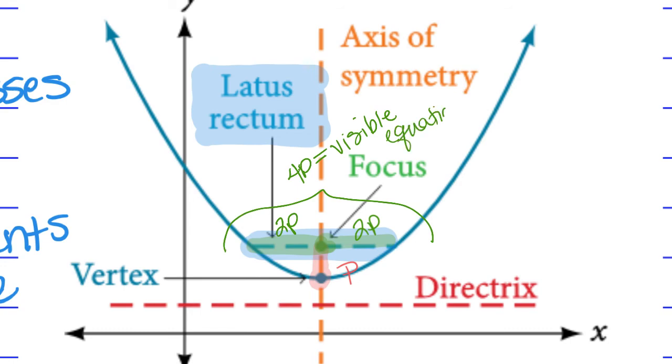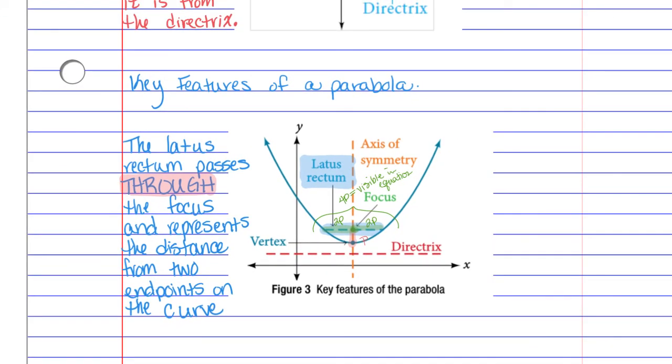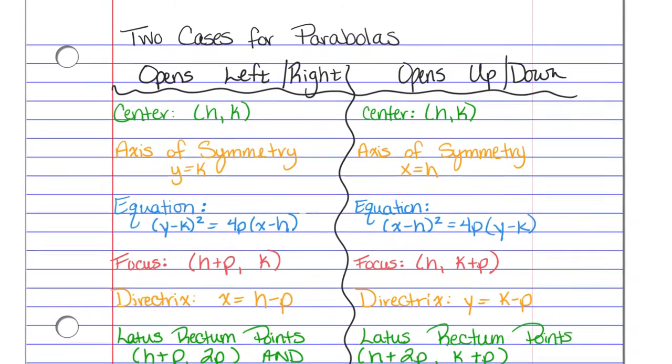So that value will be given to you, and then you can find your p-value from there. There is a lot of information in regards to parabolas and the new key features we're looking at, so I have combined information into one table.